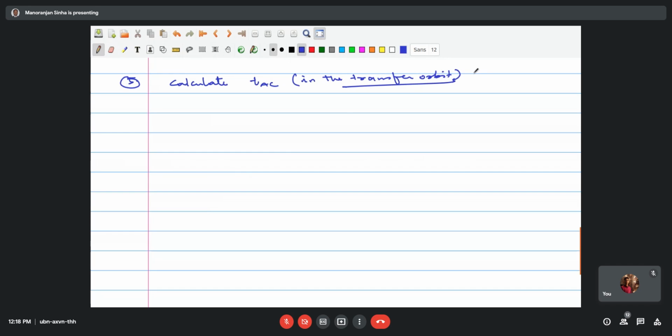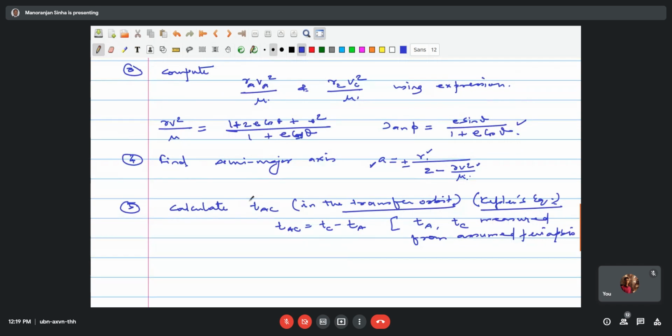So basically here we have to use Kepler's equation in whatever format we prefer. This is measured from the assumed periapsis.